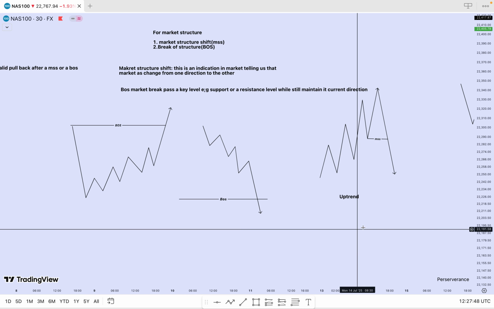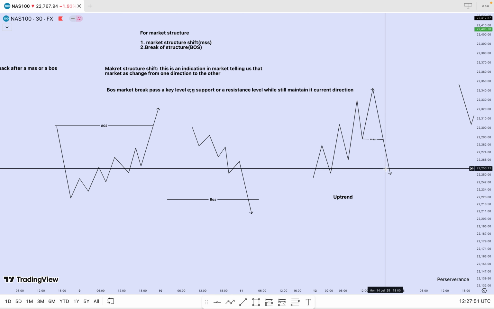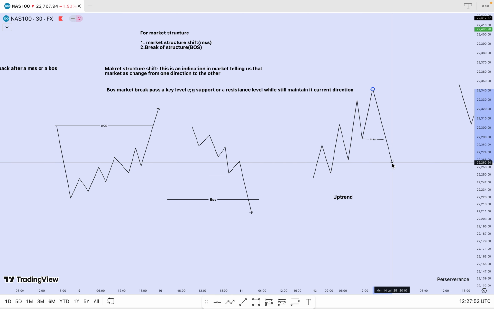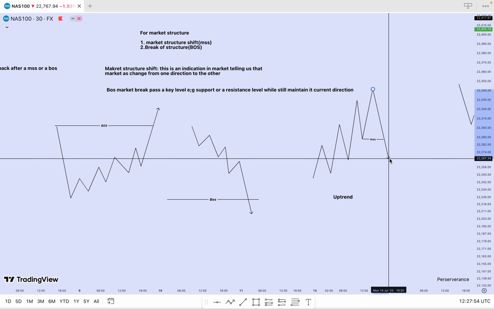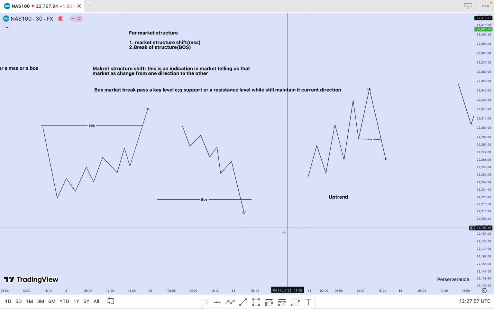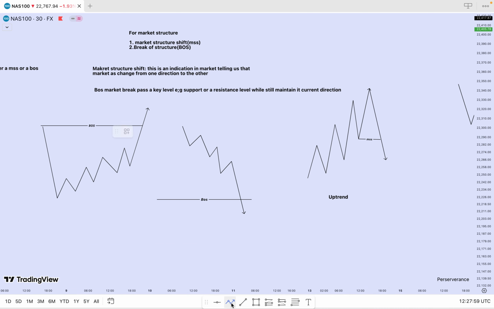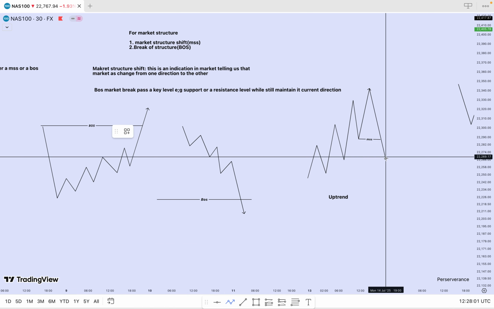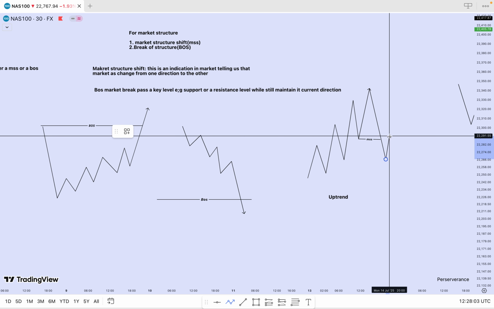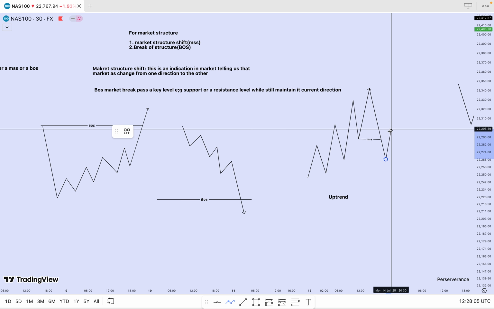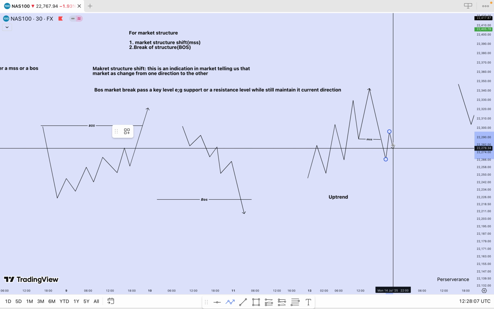Let me come here too. Since we have a market structure shift here, right? Now the first pullback after this market structure shift is now your inducement.